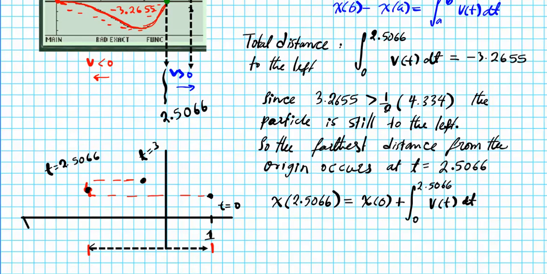So all we do is plug this into the calculator, but we have to be careful, because what is x of 0? We talked about that earlier. The position at t equals 0 is 1. So we're looking at 1 plus the integral from 0 to 2.5066 of v of t dt. So this is what we are entering into our calculator.